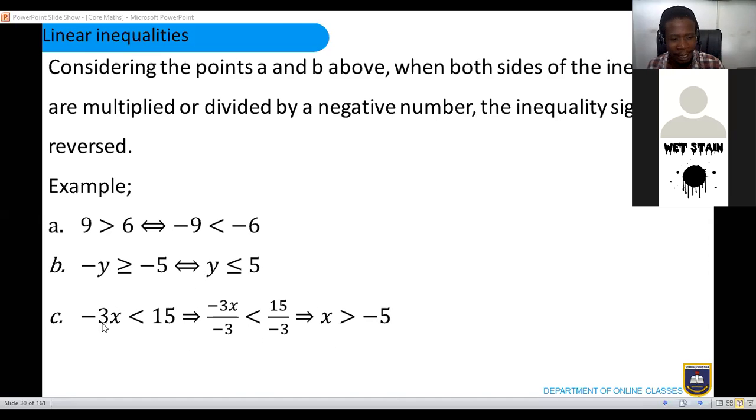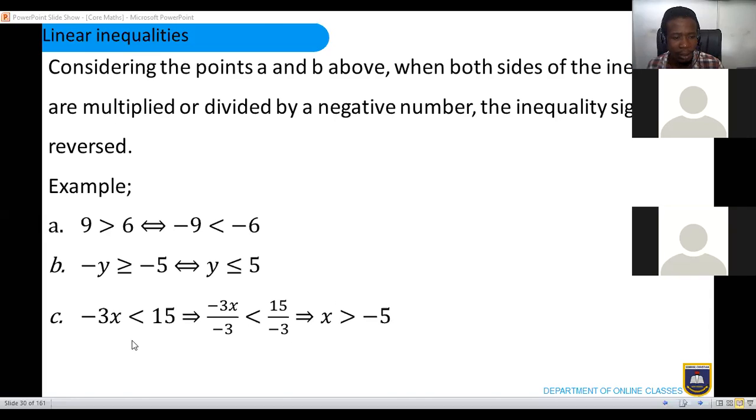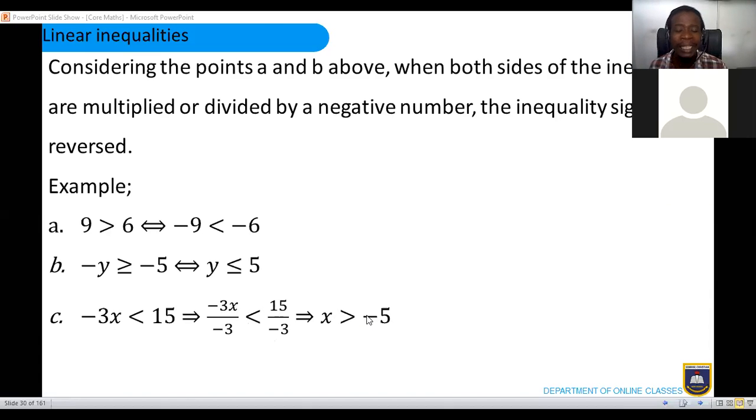So when we divide through by a negative number, you could see that our sign here will change. And we are saying x is what? Greater than negative 5. It doesn't mean that x is equal to negative 5.